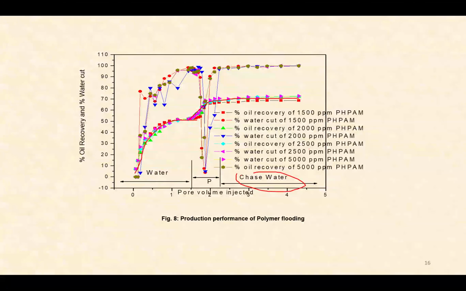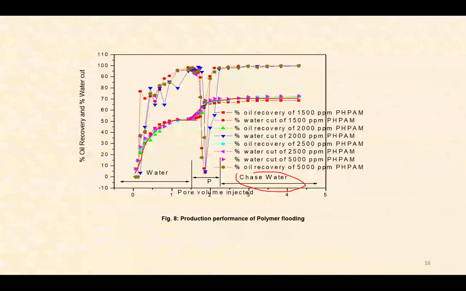Okay, and then what should be the concentration of the polymer? You can perform some study and then you have to optimize, because you may get some marginal increase in recovery by increasing the concentration of the polymer, but at the same time the cost of the polymer will increase significantly, and that will basically increase the project cost.